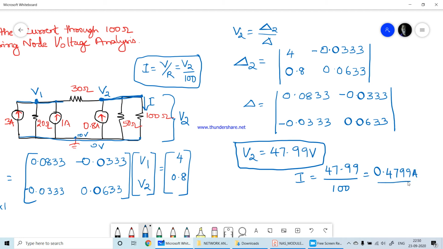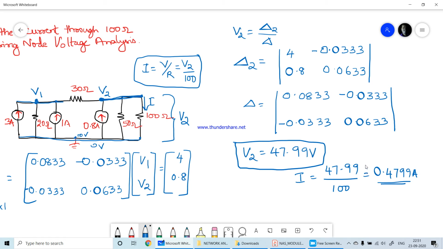This will be your answer. After finding the determinant of this matrix for delta 2 and delta, V2 equals delta 2 by delta, and the current through 100 ohms is 0.4799 amps.